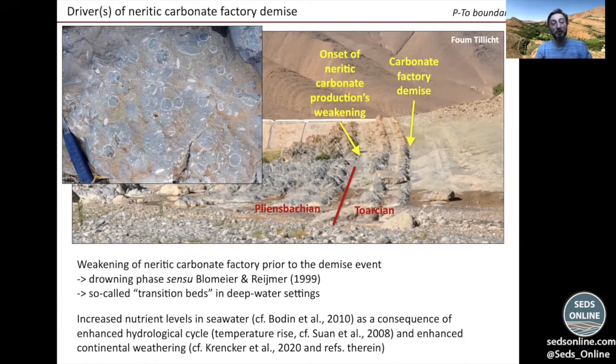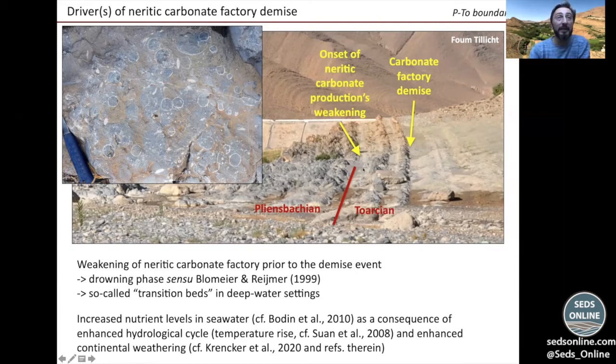And so we switch already there from a healthy photozoan carbonate factory into something that already starts to be less healthy. And we can see in the very last bed in shallow water, they are full of sea urchins, which goes very well along with it. And this is also what Blomeier and Reijmer have called the drowning phase, the stricture. So this switch, this in between.